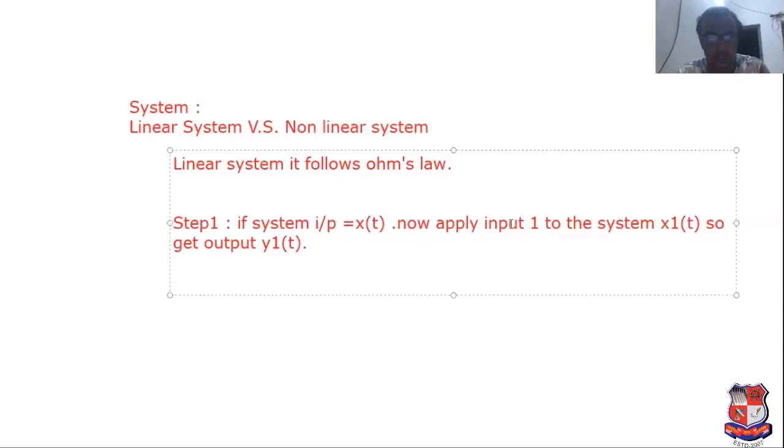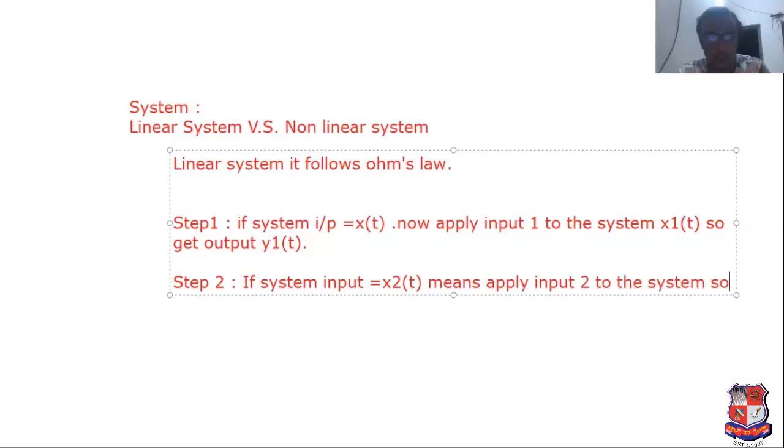Now what is step 2? If system input equals x2 of t, means apply input 2 to the system, so get output y2 of t.